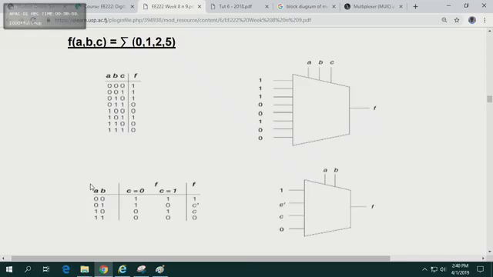That's the good news: you don't need any of these other AND gates and OR gates and NOT gates and so forth. Just one chip will take care of it. So system design is very simple using a mux. Now let's have a look at the second example.